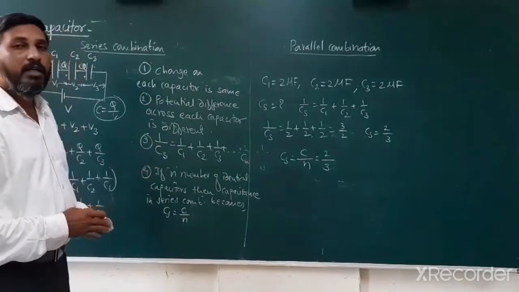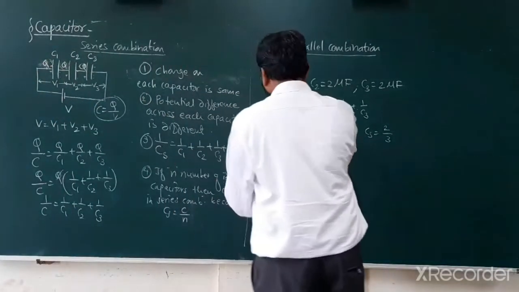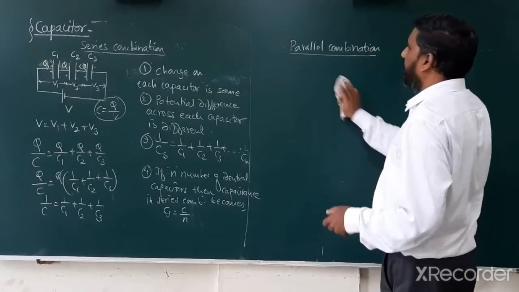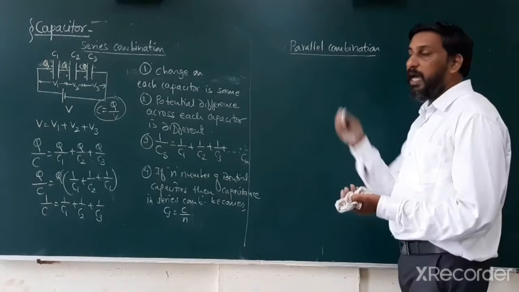This is about the capacitors connected in a series combination. Now see the next type of combination, when the capacitors are connected in a parallel combination.